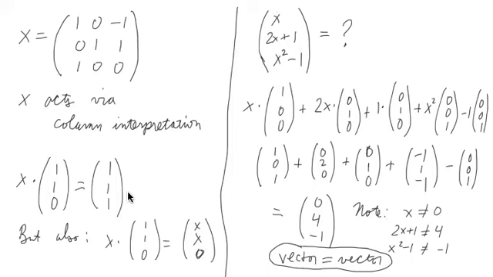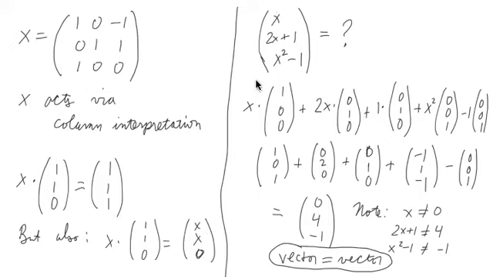Now, this does not mean that the entry 1 is equal to x or that 1 is equal to 0. No, this simply just means that this vector itself has two different representations where we're allowing x to be like a scalar in the entries here.